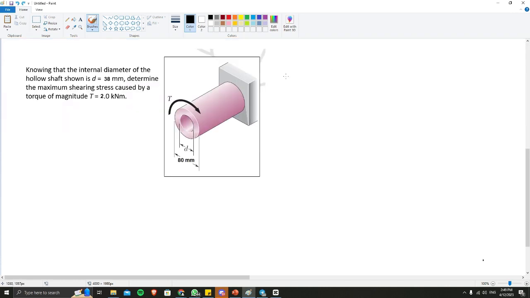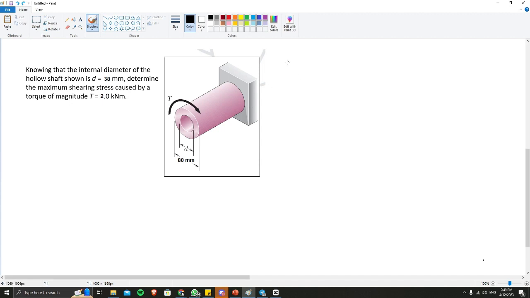Okay, so for the second question, knowing that the internal diameter of the hollow shaft shown is d equals 38 mm, determine the maximum shearing stress caused by a torque of magnitude T equals 2 kN per meter. Okay, so it is shown here that there are two diameters. The hollow one is shown to have 38 mm, whereas the second one is 80 mm.